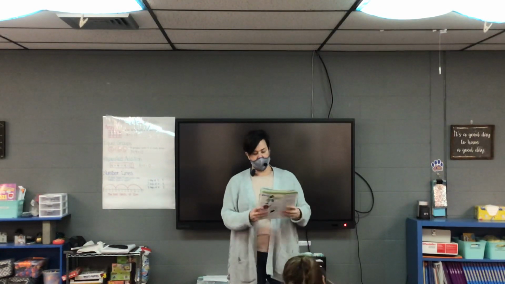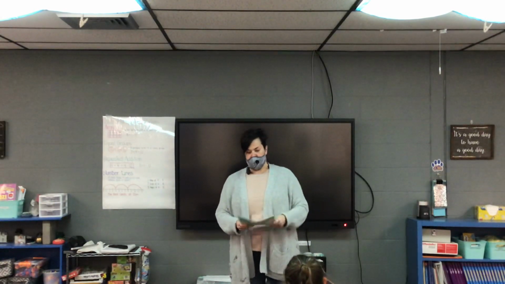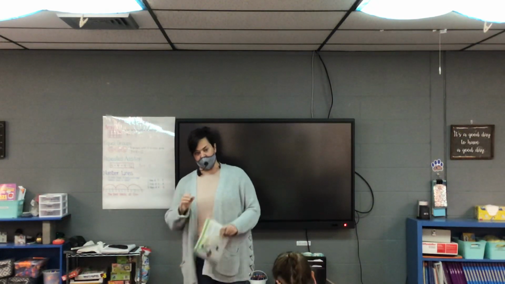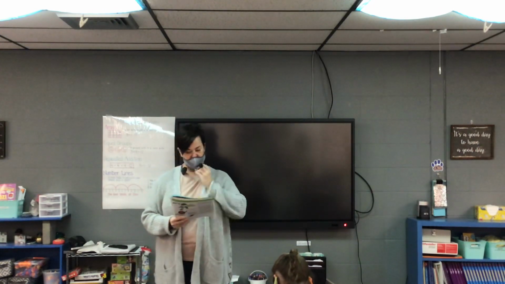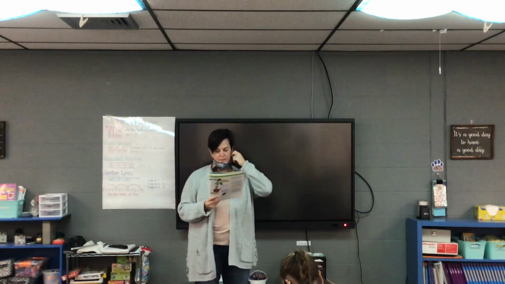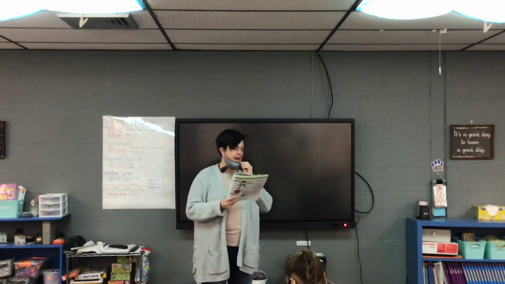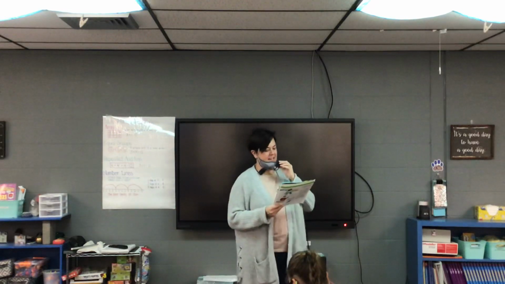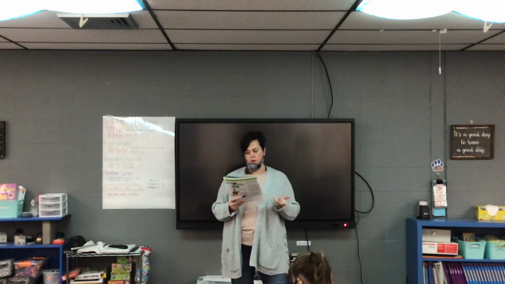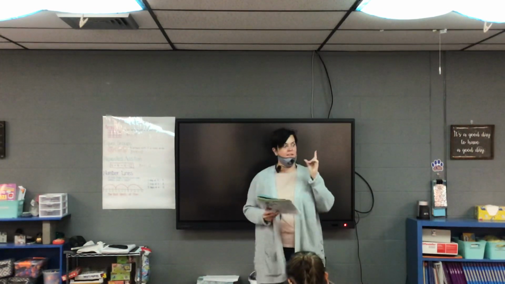So let's start out by reading that left side, still continuing down that left side. Let's read. Plants go through many stages in their lives. These stages form a cycle or pattern that repeats again and again. The stages an organism or living thing goes through during its life is its life cycle.